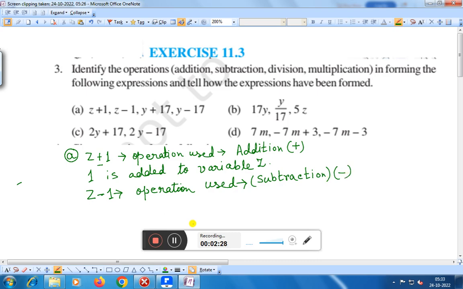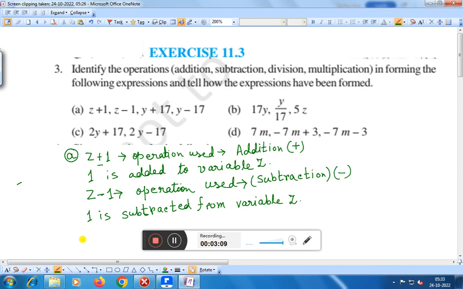And how has the expression been formed? That is, 1 is subtracted from variable z. In this way the expression has been formed, right?